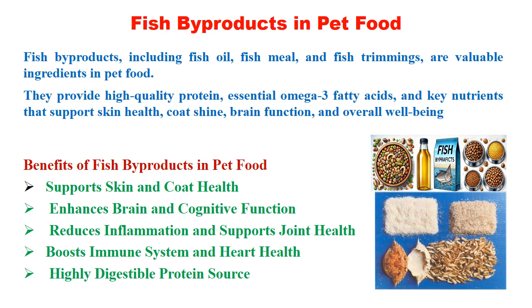They provide high quality protein, essential omega-3 fatty acids, and other key nutrients to support skin health and coat shine for pets or dogs, and also brain function and overall well-being. So the benefits of fish byproducts in pet food: they support skin and coat health, enhance brain and cognitive function, reduce inflammation and support joint health, boost the immune system and heart health, and are a highly digestible protein source.